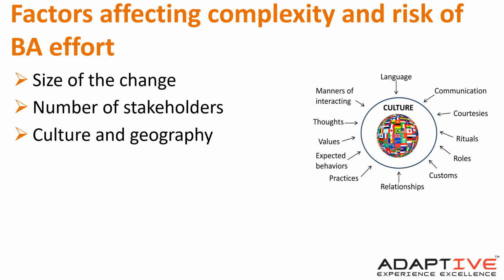If you're trying to blend multiple cultures or trying to work over a larger geographical area or a combination of both, it makes it harder for you to do your job. When you've got different kinds of people in the room, you have to take that into consideration when you're planning out how you're going to elicit. If you really need a requirements workshop and people are scattered all over the world, that's harder.